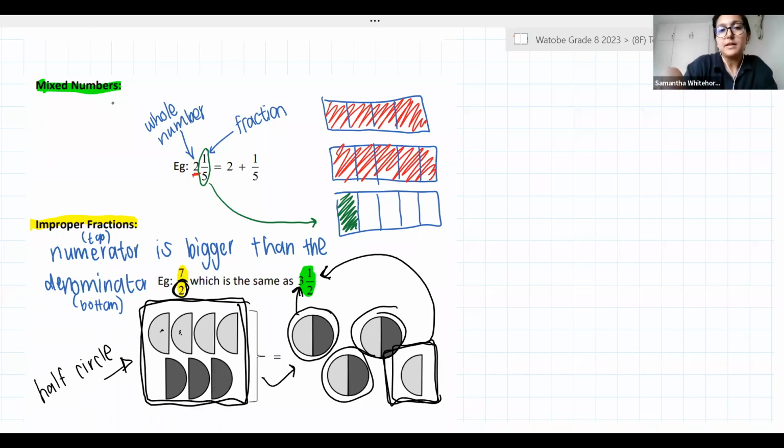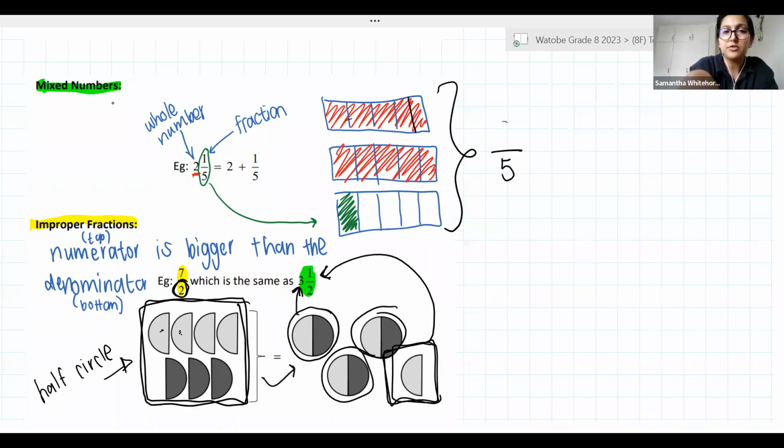So if we think about that in terms of these blocks that I've drawn up here, your denominator will always be how many parts the shape or the picture that you're working with is broken up into. Each of my rectangles was broken up into 5 parts. So that's my denominator. And then if I want to figure out my numerator, I see how many parts are shaded in.